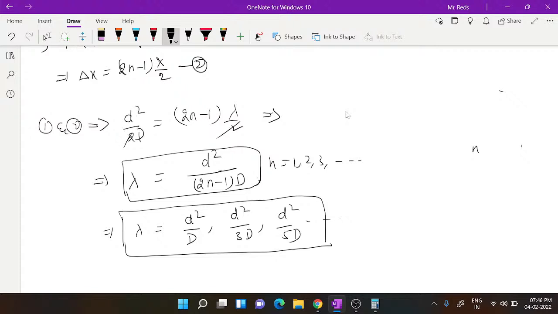Similarly, if bright fringes are to be formed exactly opposite to S1, then to find missing wavelengths, you have to equate the path difference with 2n minus 1 into lambda by 2.